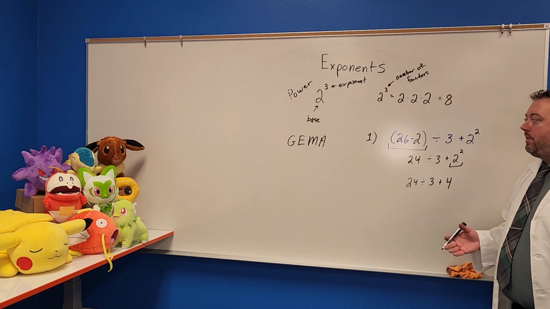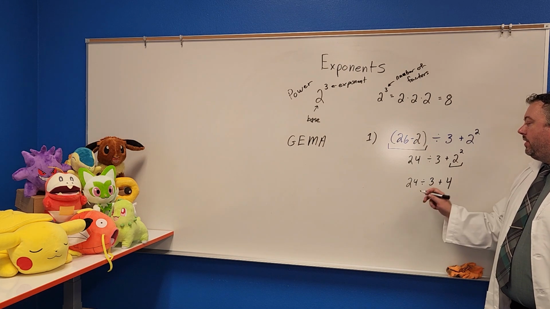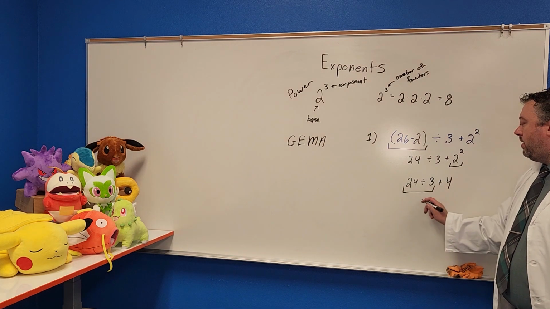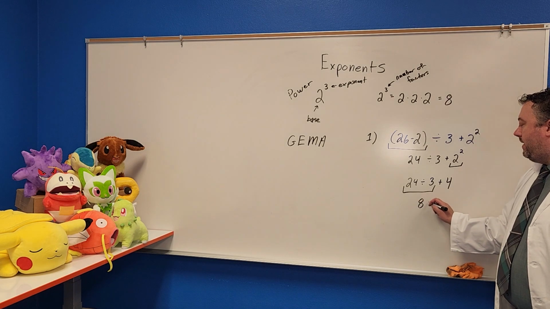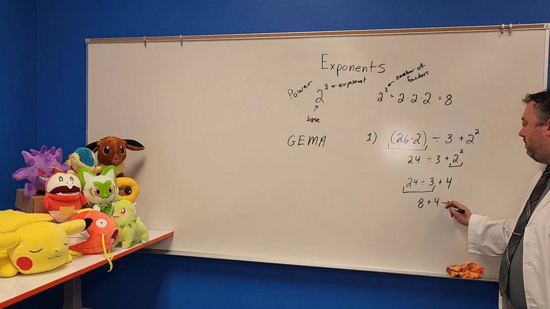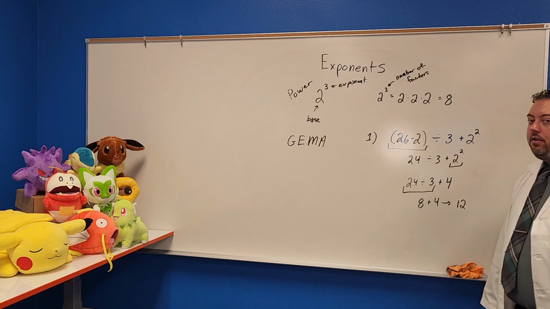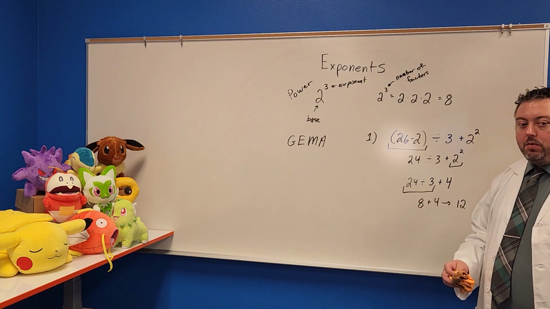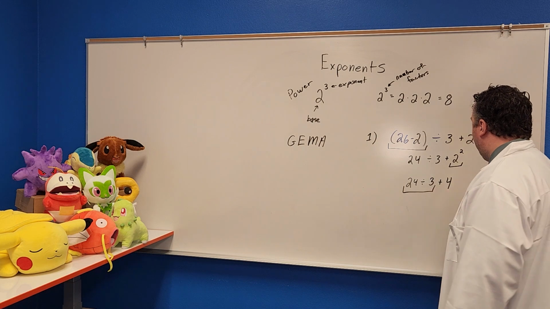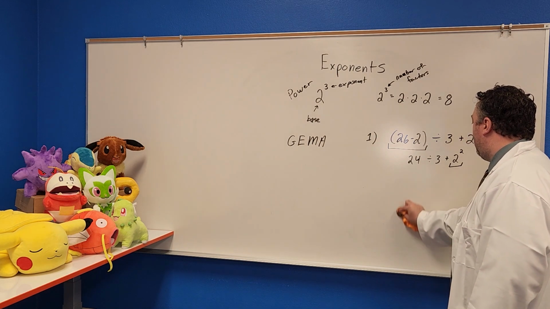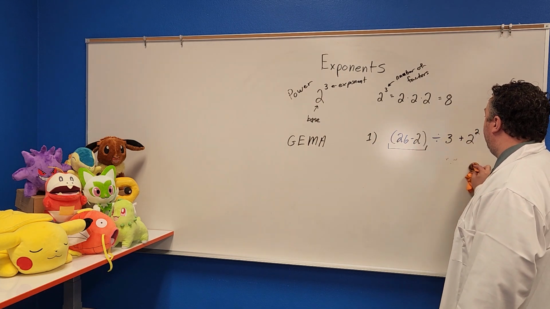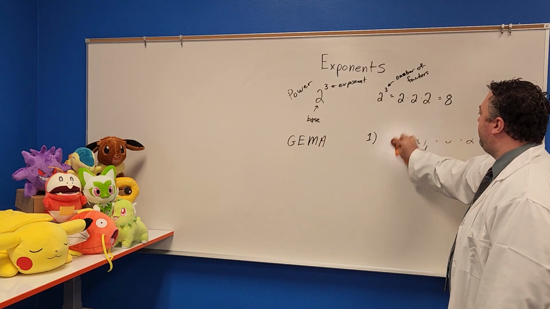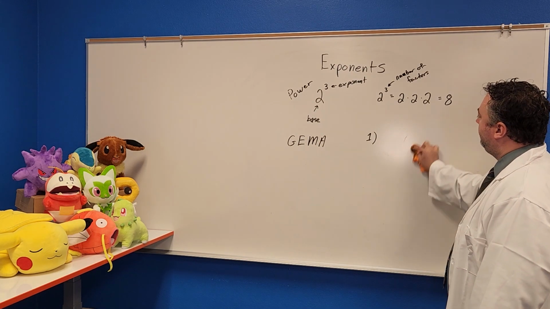Now I move on to multiplication, which also includes division. 24 divided by 3 is 8, plus 4. Put those together, and you get 12. That's example 1. Hopefully this shows you how to apply exponents in simplifying these expressions.